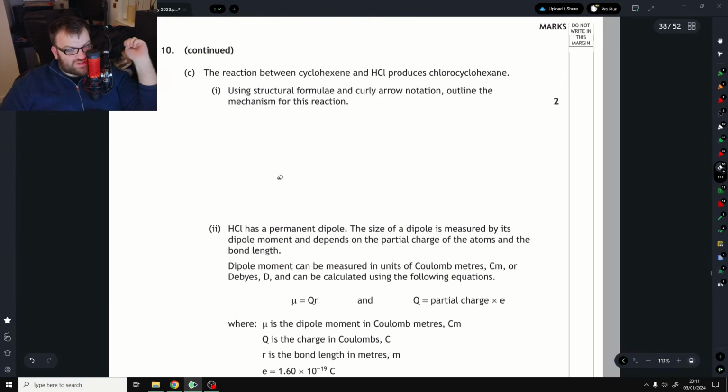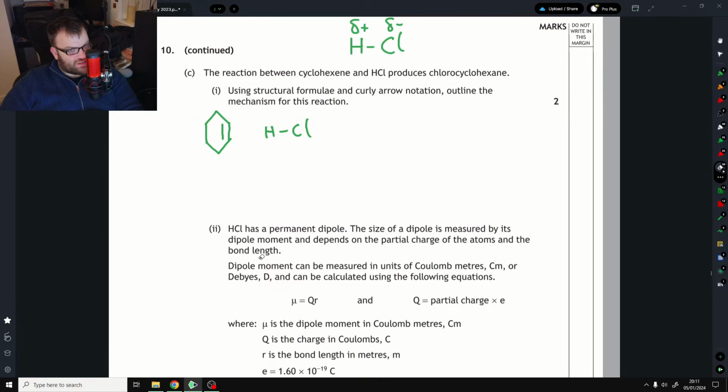In this question, we are reacting our cyclohexene with HCl. First thing to remember is that that's going to give you a polar bond, which is going to make it more likely to react. We've got our cyclohexene looking like this. We've got our HCl. The double bond, the electrons in there, will be attacking the H. That's slightly positive. That will kick out the electrons in the bond, and that will break apart that bond that we've got there.